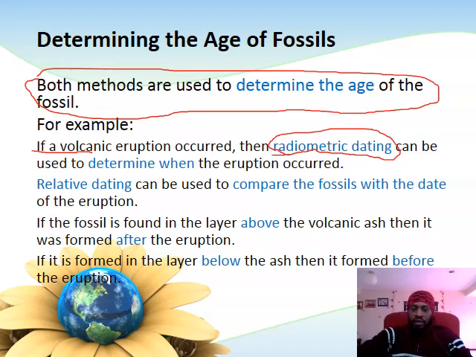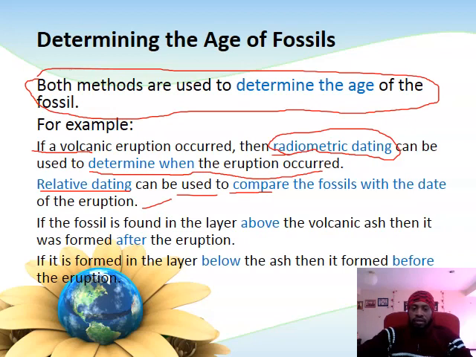And if we work out the time when the volcanic eruption occurred, then we can use relative dating to estimate the age of the fossil by comparing the fossil with the date of the eruption relatively.